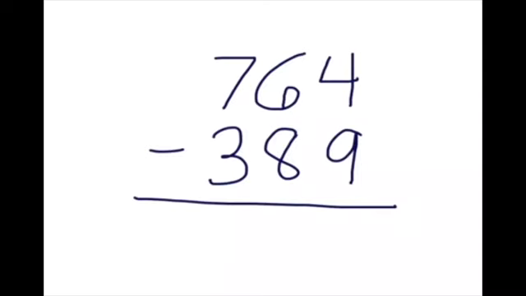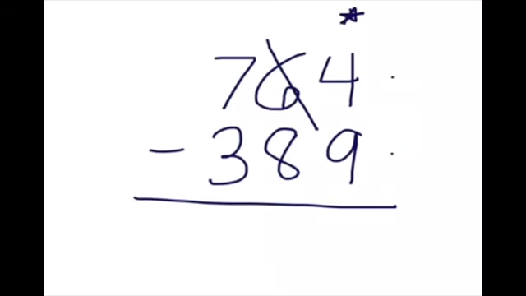All right, let's try this problem. I'm going to start with my ones place because this is 764 minus 389, and I always start subtracting with my ones place. I ask myself that famous question: is there more on top or more on the floor? There's more on the floor, so I have to go next door and get some more.